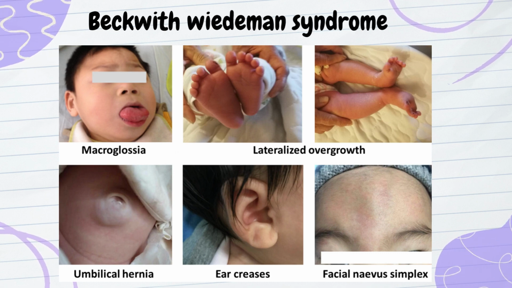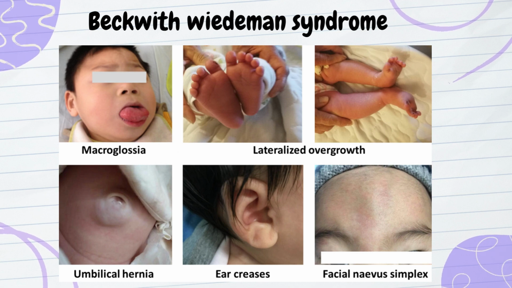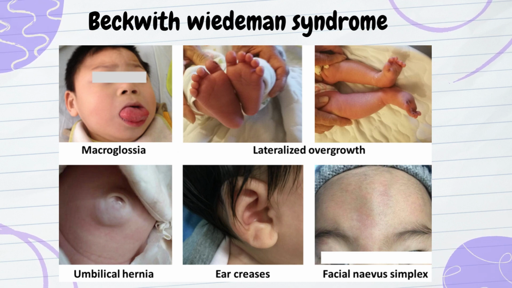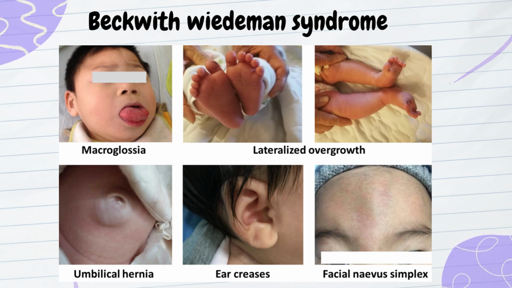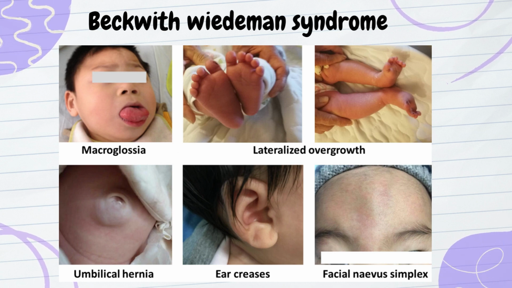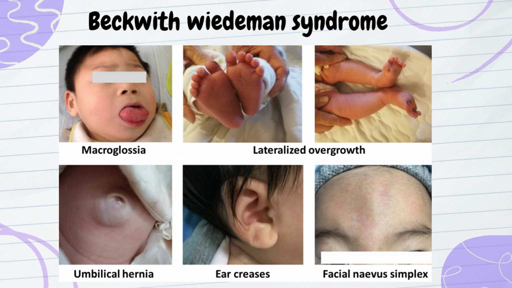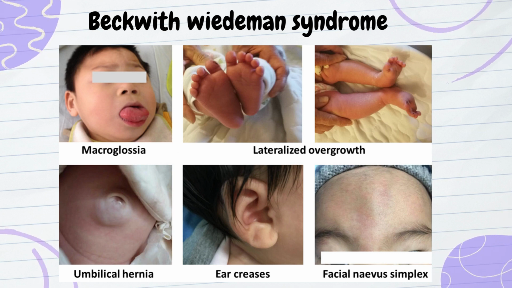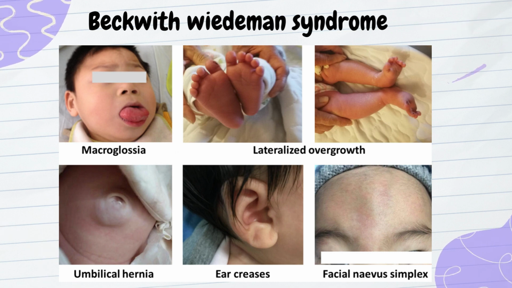Here you can appreciate this patient is having macroglossia, lateral overgrowth, umbilical hernia, ear crease, and you can also see facial nevus simplex. This is not important.